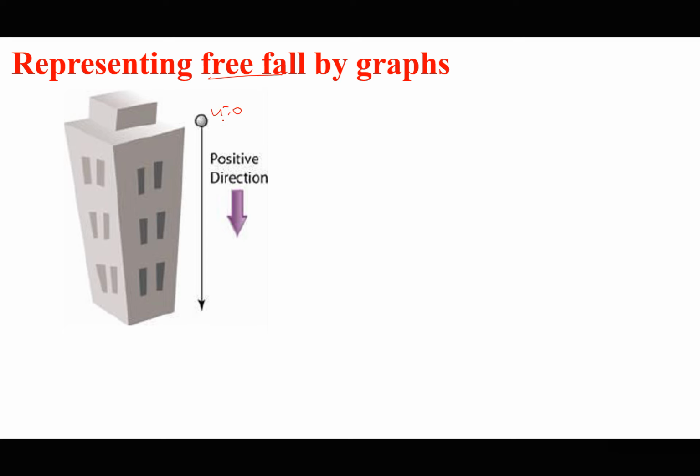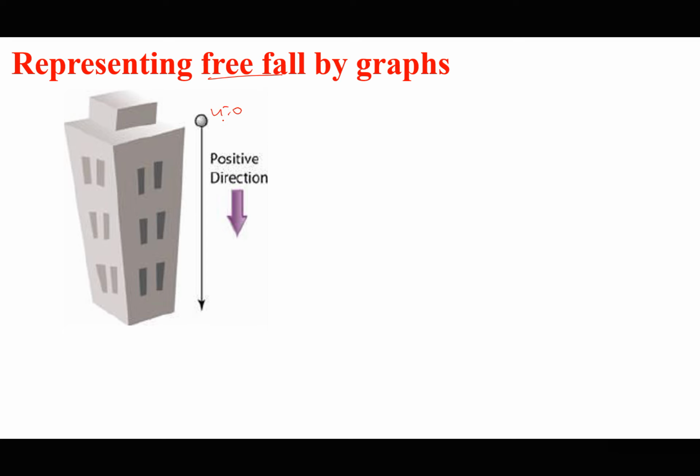Sorry, I would start with the displacement-time graph anyway. Because displacement is a vector quantity, where we start from is the initial direction of motion. So if we start from the top, it means at the top here, the initial displacement is 0.